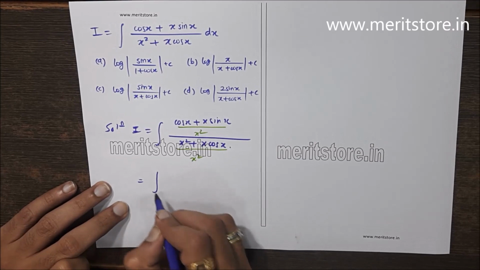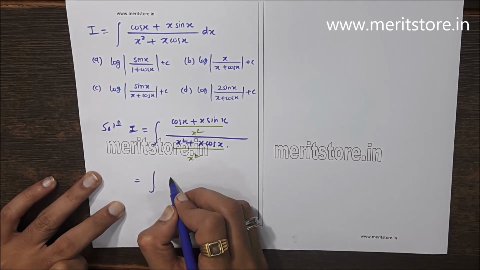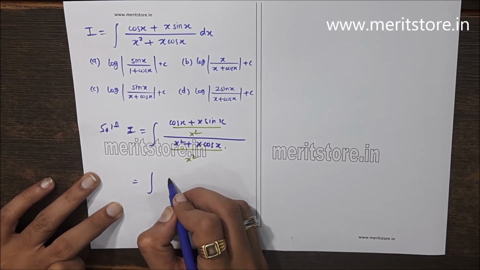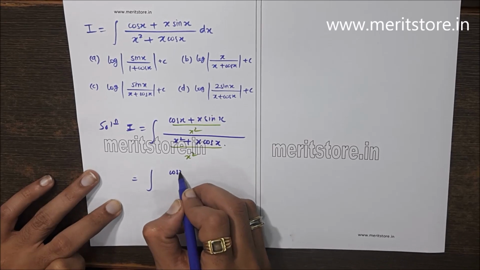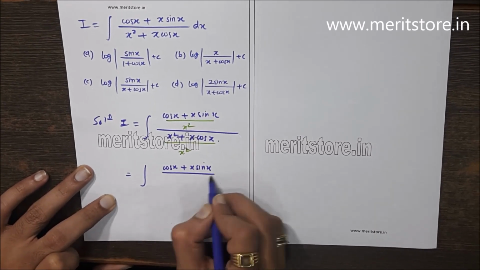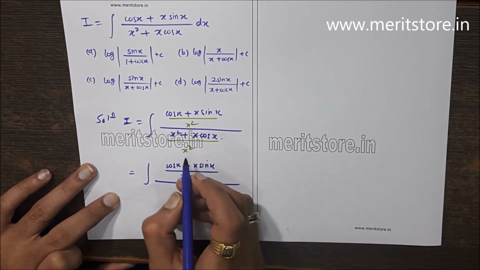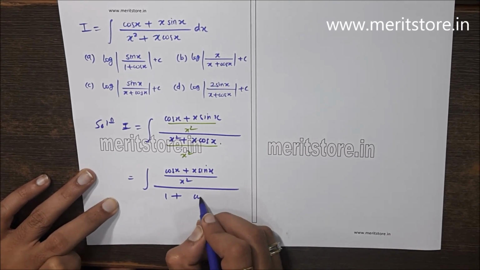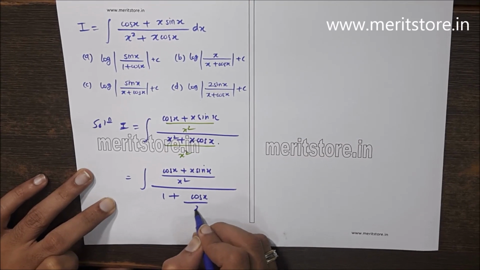So my integral will convert to cos x plus x sin x the whole upon x square, divided by 1 plus cos x upon x.